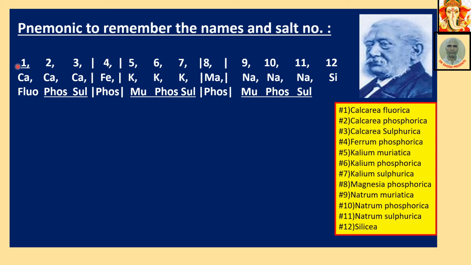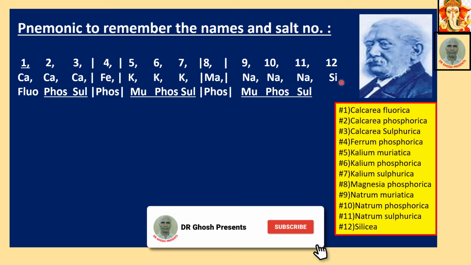So first you separate 1 and 12. But you remember this: K, K, K, Fe, K, K, K, Ma, Na, Na, Na, Si or Sil. That is a very fundamental thing that you have to remember as per the chords of your fingers.